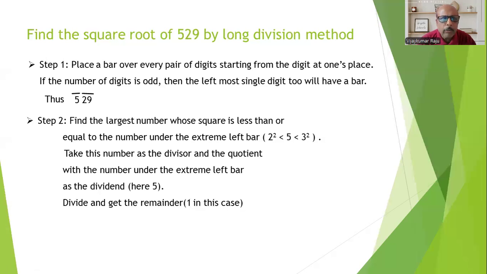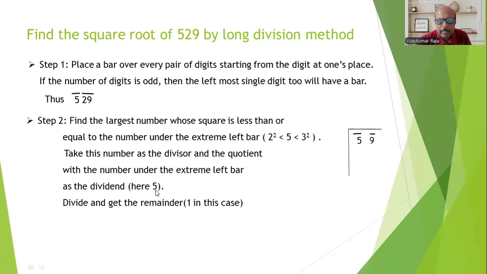Take this number 2 as a divisor and also as a quotient, and write the number under the extreme left bar, which is 5, as the dividend.